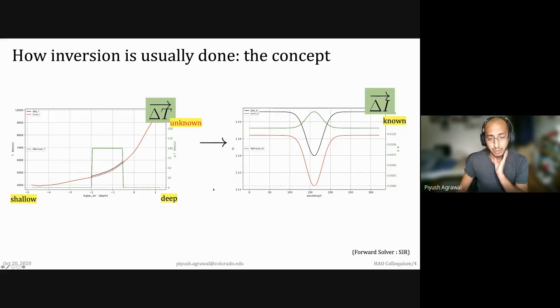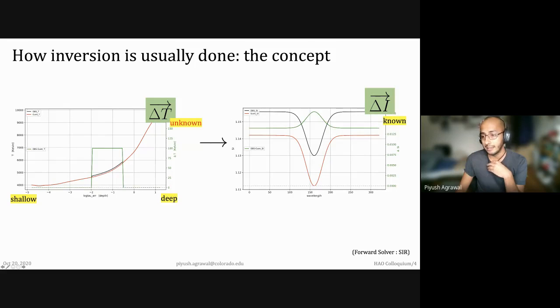On top of that, you also have the spectra coming out of all these things. The red curve corresponds to the synthetic spectra coming from the guess model, the black corresponds to the observed spectra coming from the observed model, and the green is the difference between these two. So in inversion, delta T is unknown. That's what you're solving for.